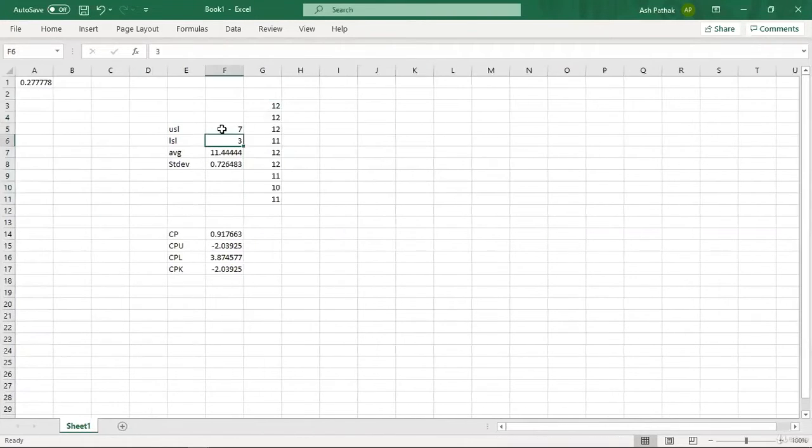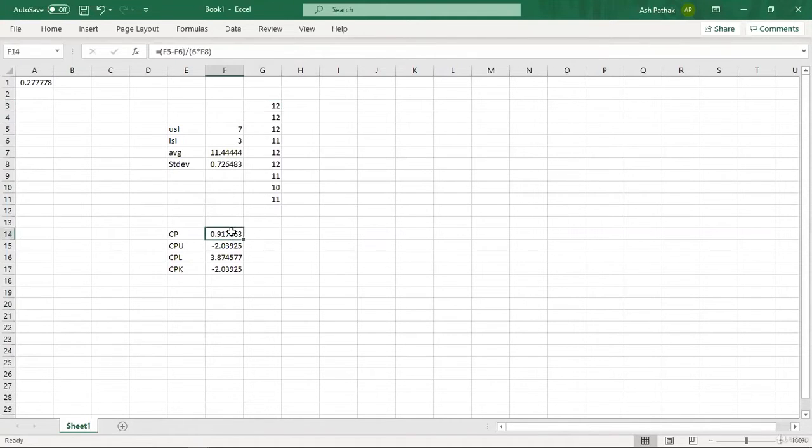The upper specification limit is 7 and the lower specification limit is 3, as stated. Then I calculated the average and the standard deviation. The average was not 11.4, I think it was something different, because I used the random value formula. This is just a sample, so it would be varying for each one.